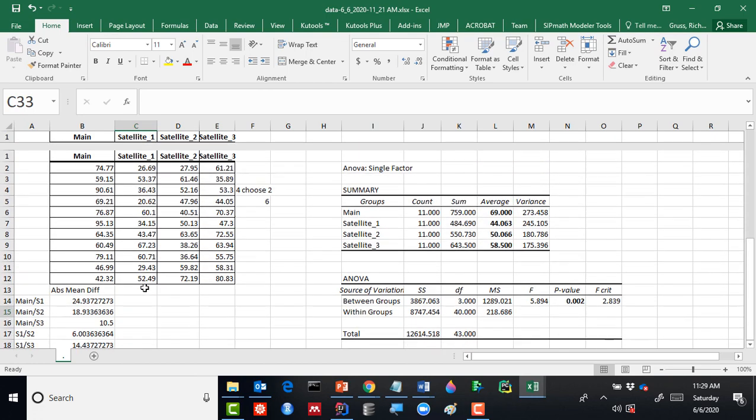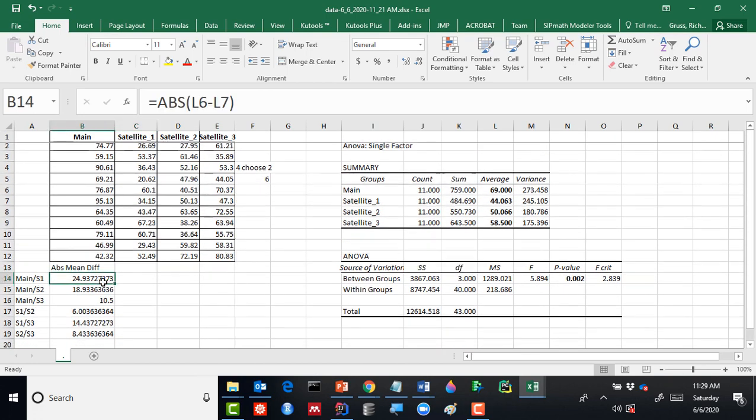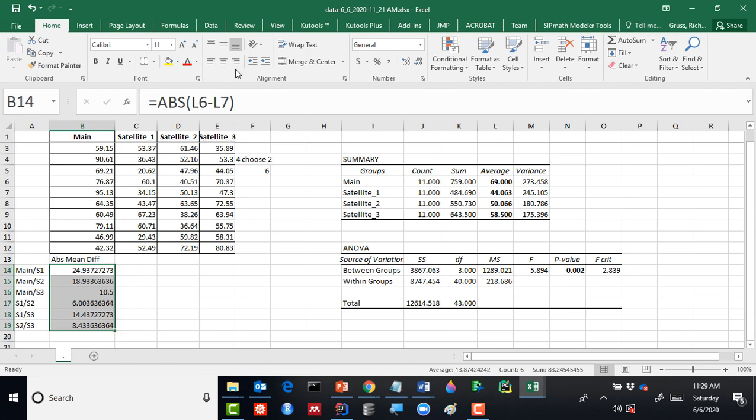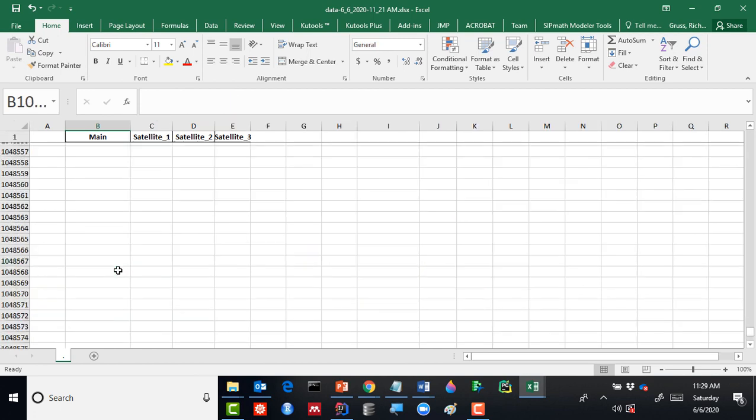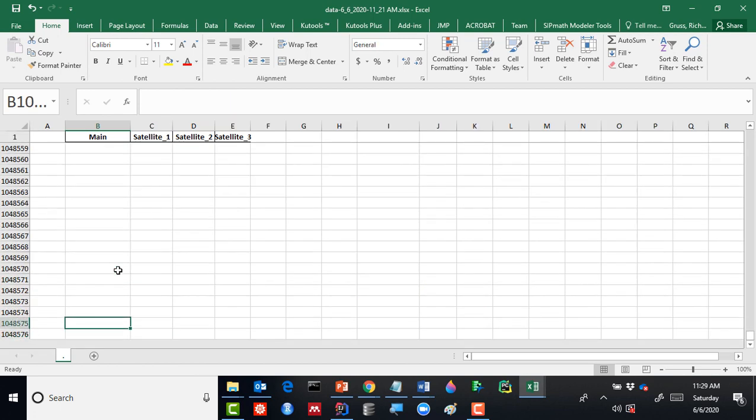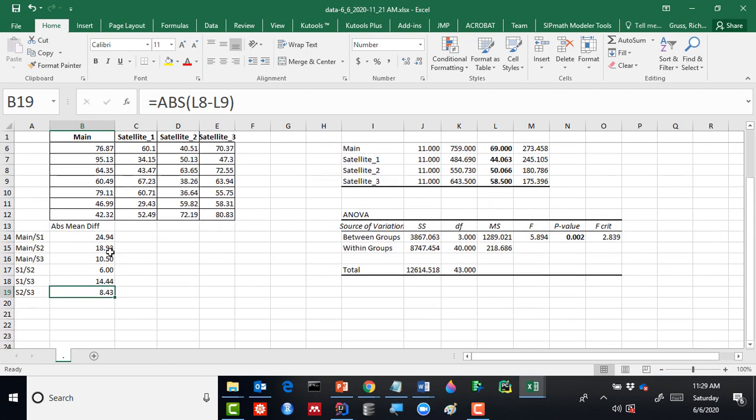Is this large enough to say that there is a significant difference between these groups? And maybe I'll just round these to be able to read them better. These are going to be our key. These are what we need to look at, but we need to compare it to something.